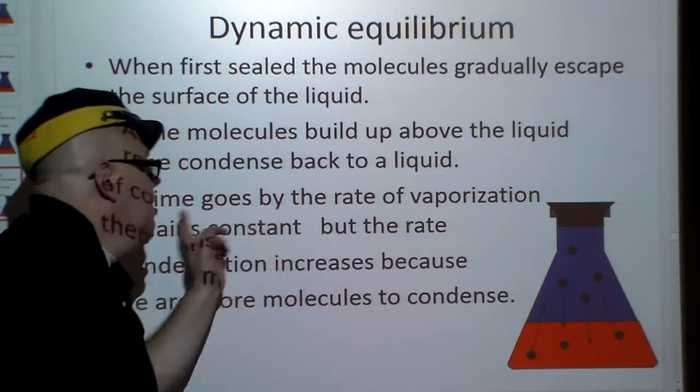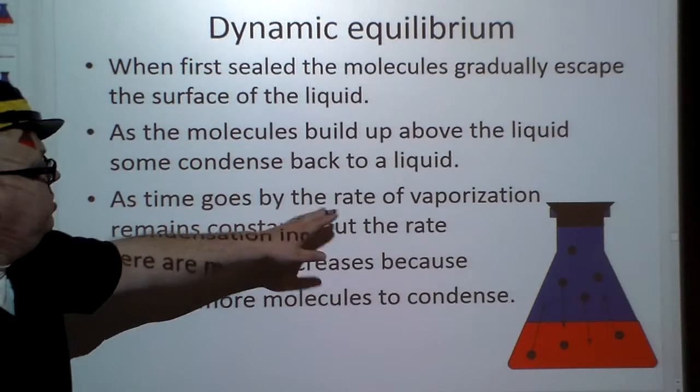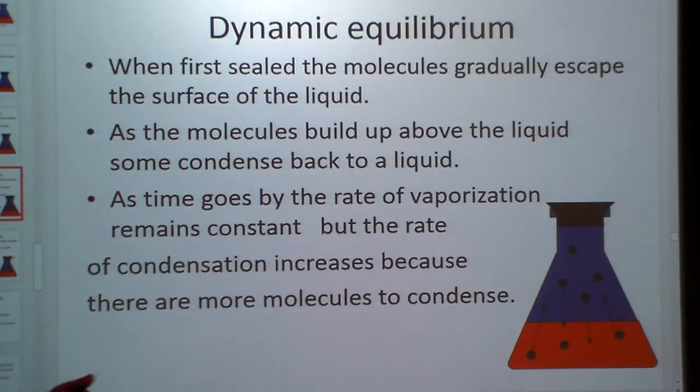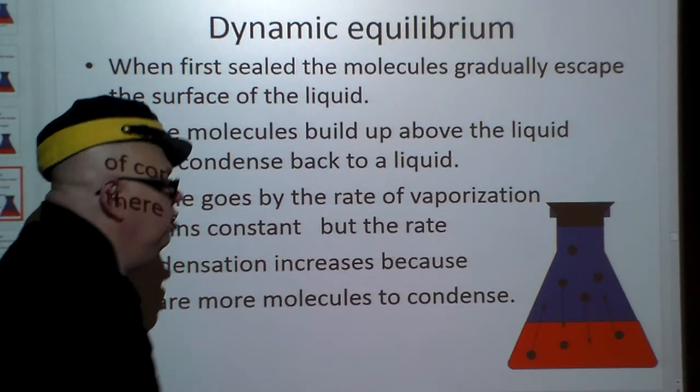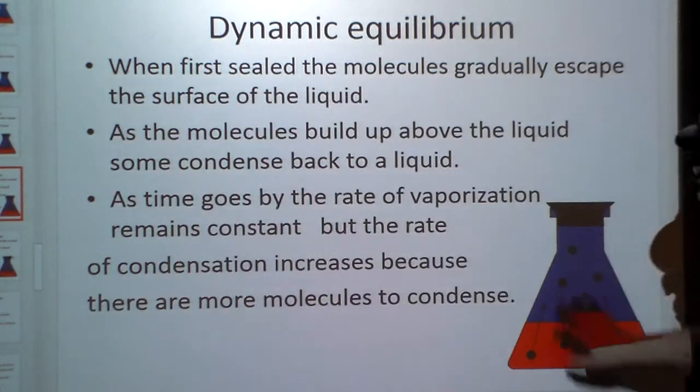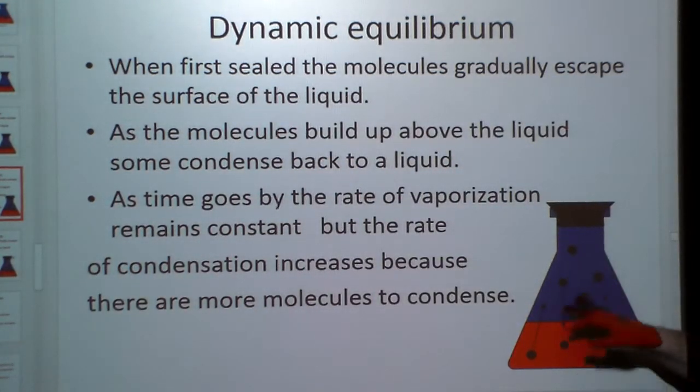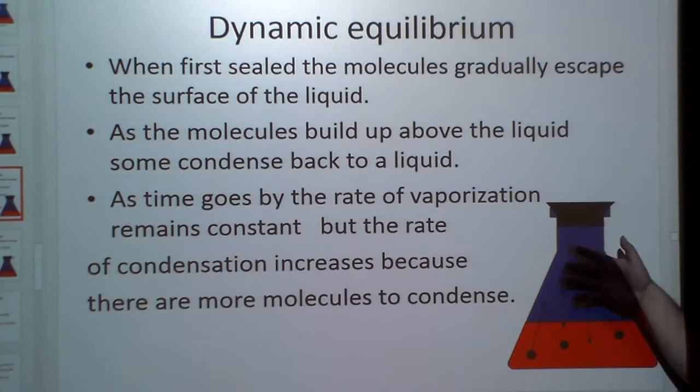As time goes by, the rate of vaporization remains the same, but the rate of condensation increases because there are more molecules to condense. You keep having more stuff going up at the same speed, but there's more and more condensation happening because you've got more molecules that are going to lose their energy and condense.